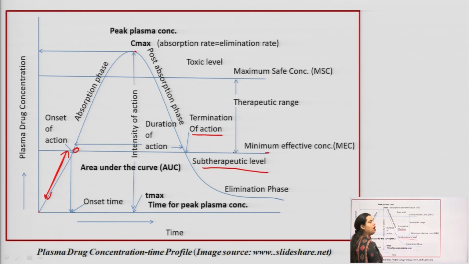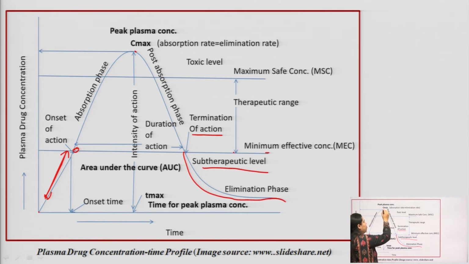Below that MEC level, it will be considered as the subtherapeutic level, and then the elimination phase. Below that MEC, the drug is eliminating through the system, and only elimination will occur, and this will be considered as the elimination phase.